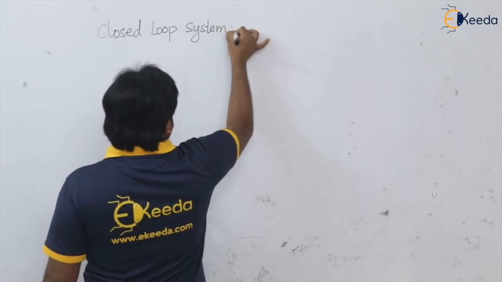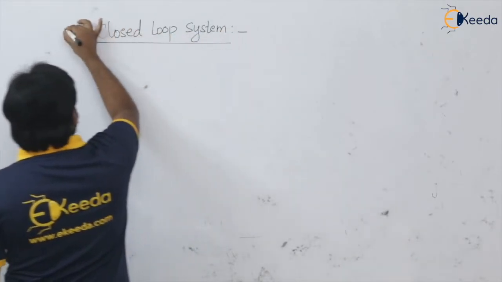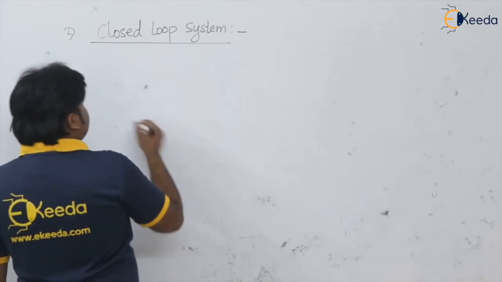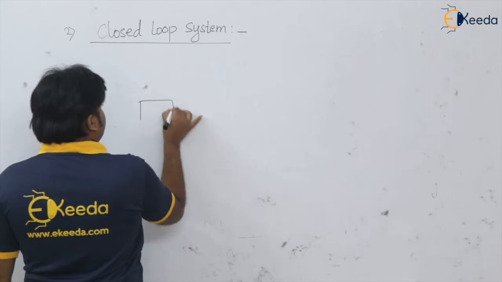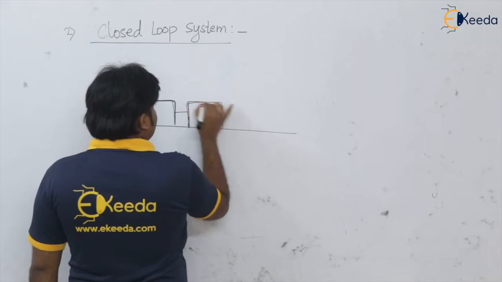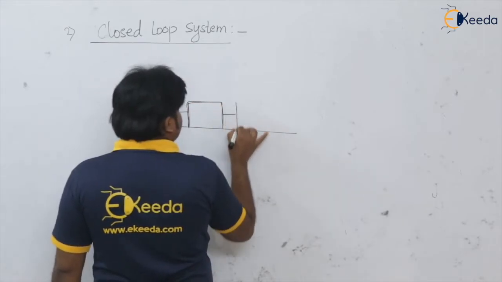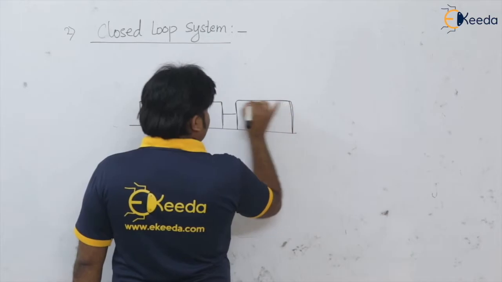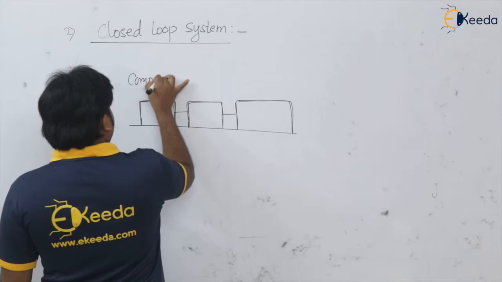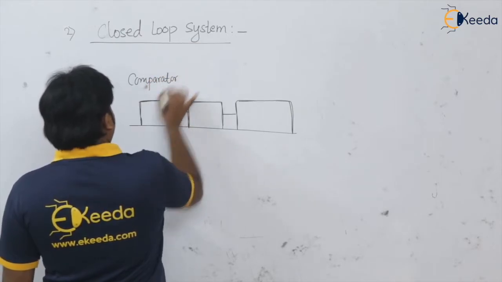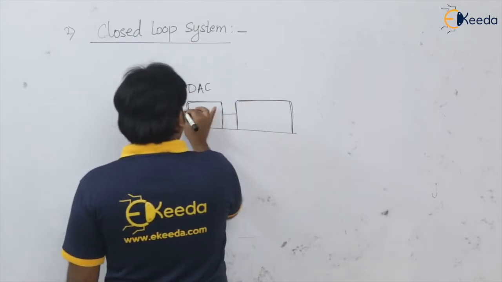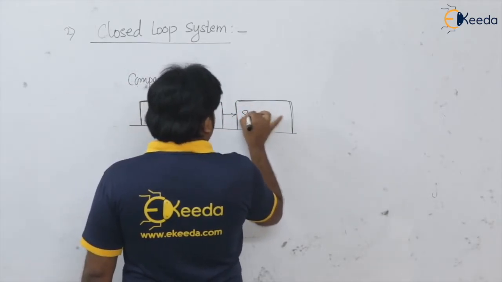Here we have the comparator, the digital to analog converter, and the servo motor. Please remember, in closed loop, this is the comparator, this is the digital to analog converter, and here we have the servo motor.